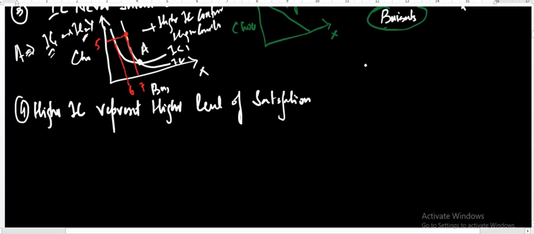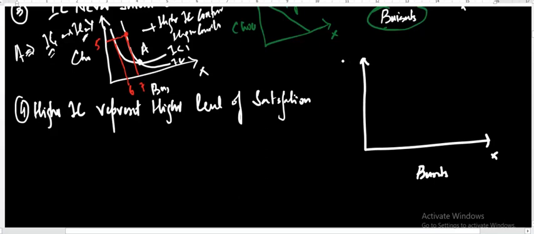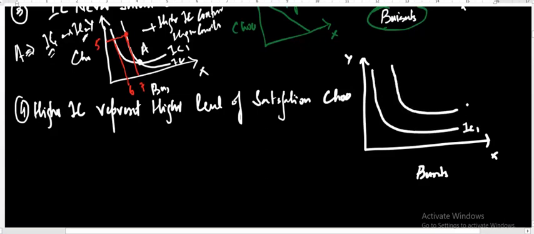Now let me make up the indifference curves for you and talk about what these indifference curves mean. This is the chocolate. Now this is my indifference curve 1. I draw parallel indifference curves.